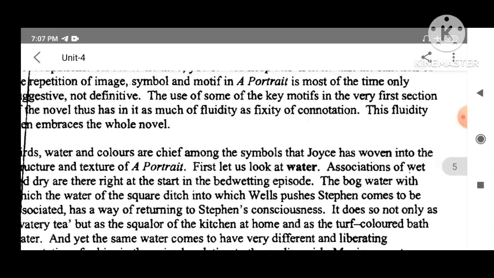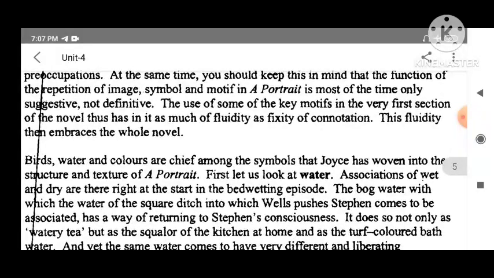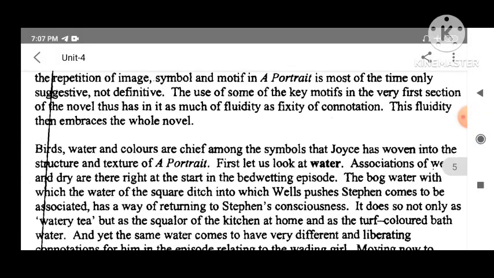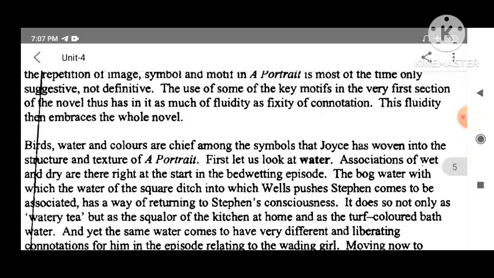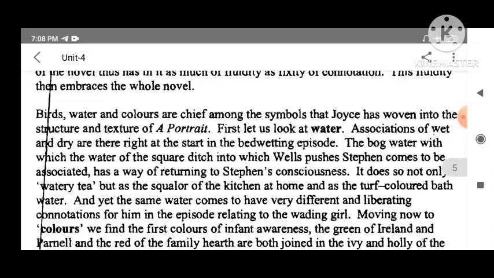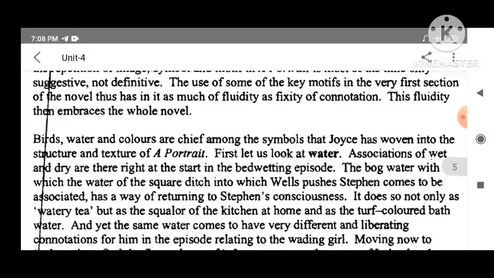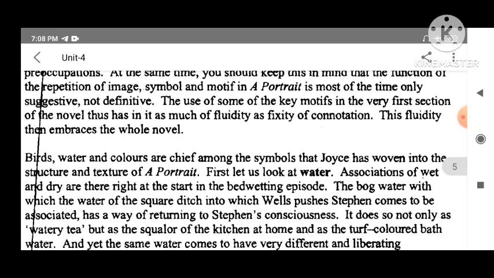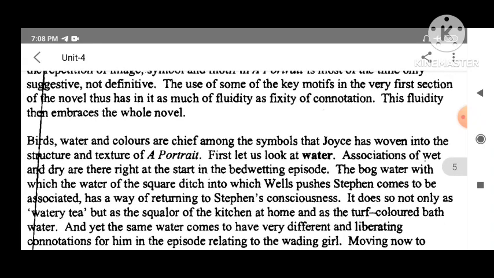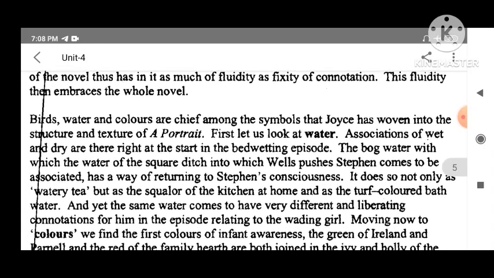The use of some of the key motifs in the very first section of the novel thus has in it as much fluidity as fixity of connotation. This fluidity then embraces the whole novel.